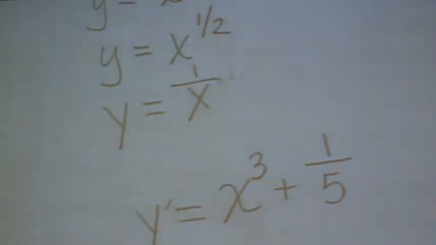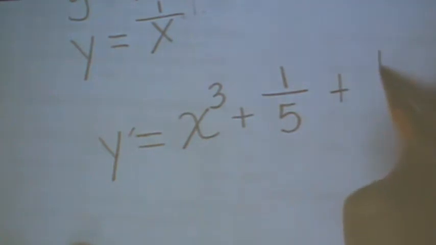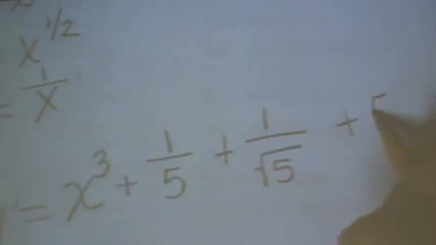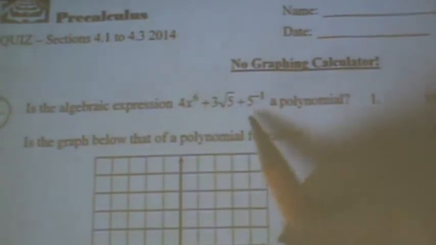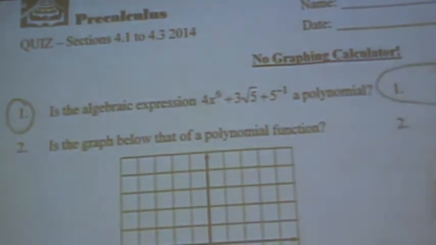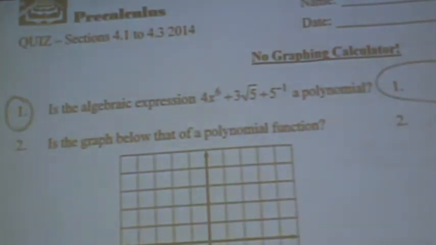Okay, so good. The coefficients could be this, you could have that. So for this one I tricked you. Yes, that's fine. So yes, this was a good algebraic expression.